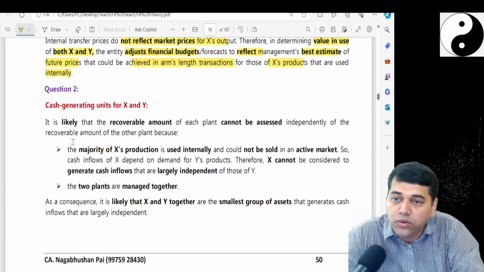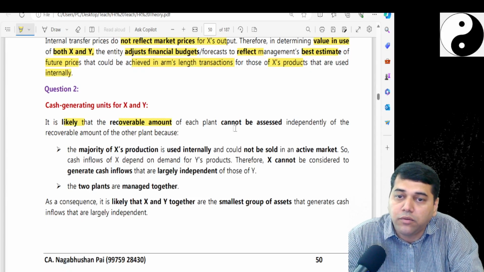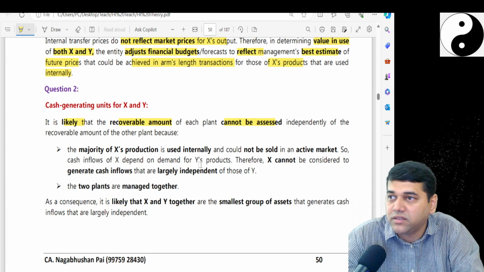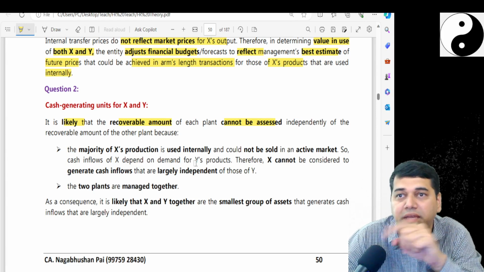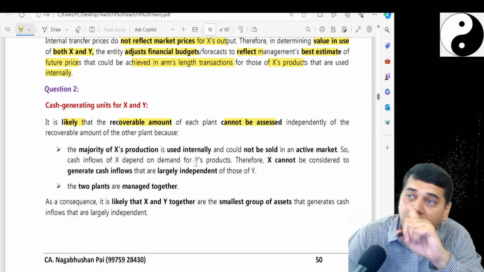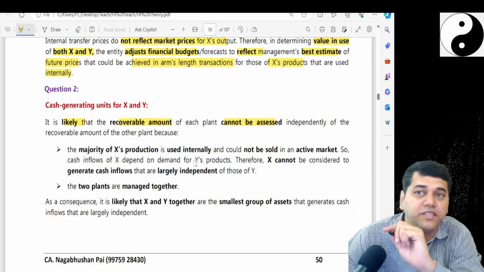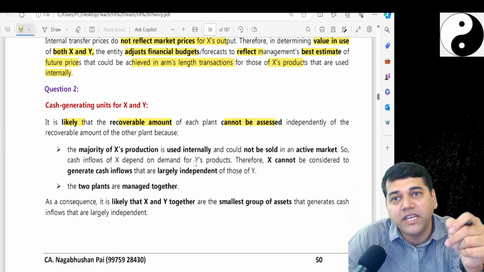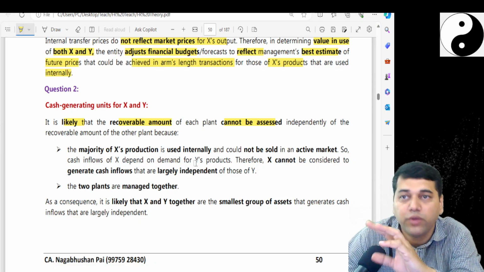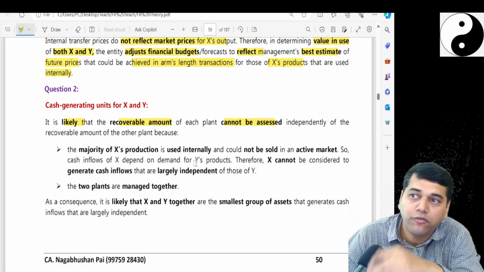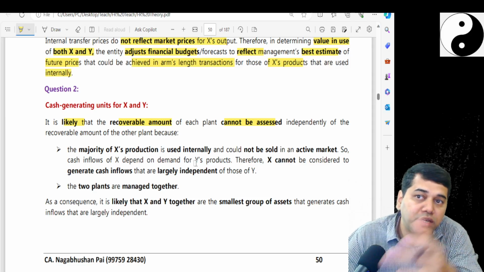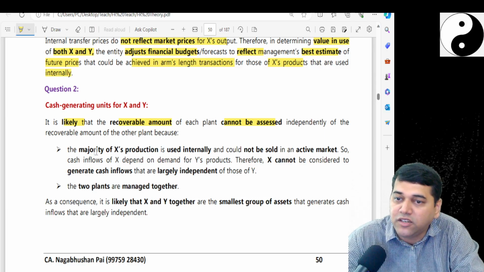Now, if it is likely that the recoverable amount of each plant cannot be assessed. It is like the machine A and B example we discussed. A is like Y, which is independent, but B is not independent. B has to give its output to A. Then what we have done? We have taken A and B together. Like this, X and Y have to be taken together.